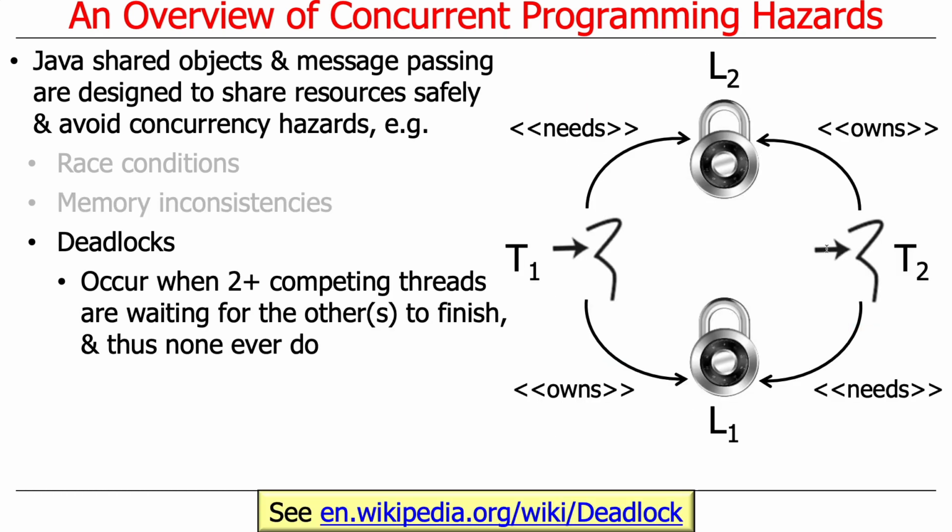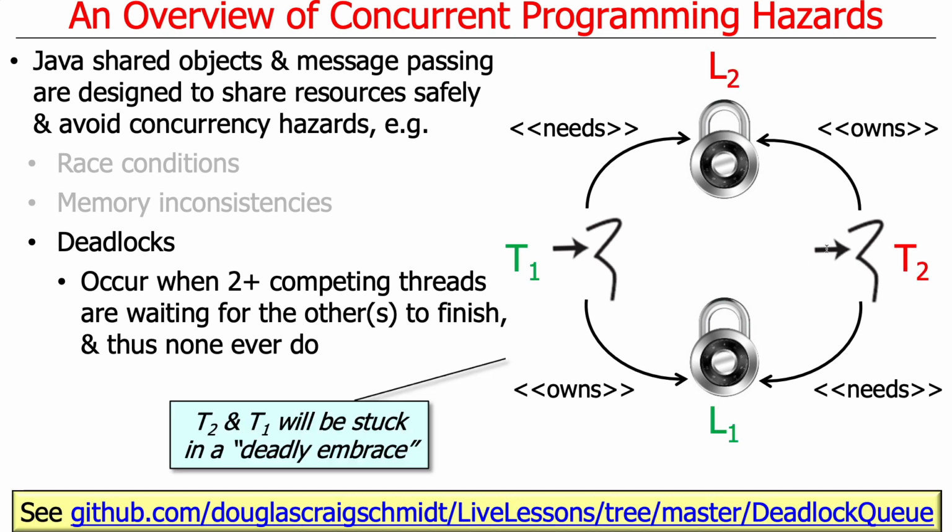Another problem that can arise is called deadlock, and this occurs when two or more competing threads are waiting for the others to finish, and thus none ever do. And you can see here, this is an example of this. We have thread T1, which owns lock L1 and needs lock L2.